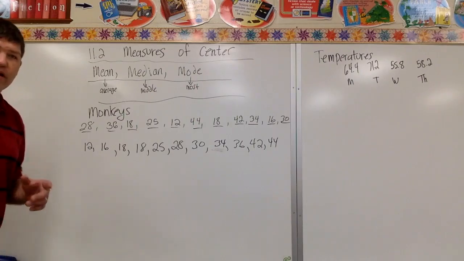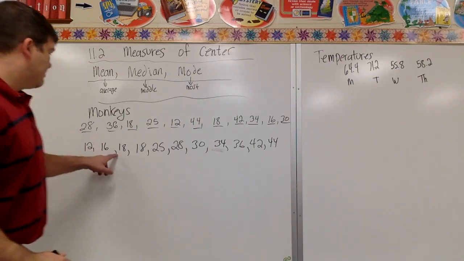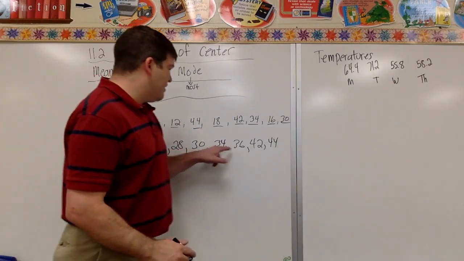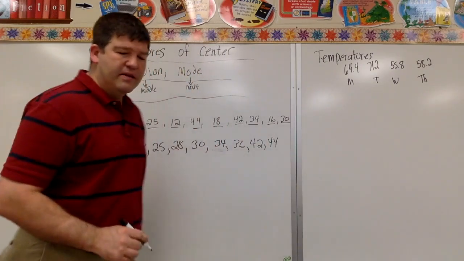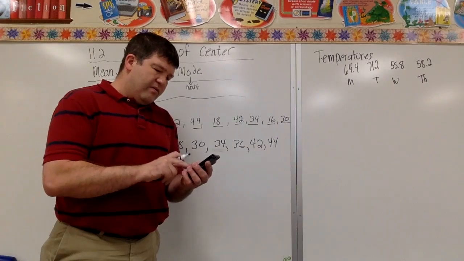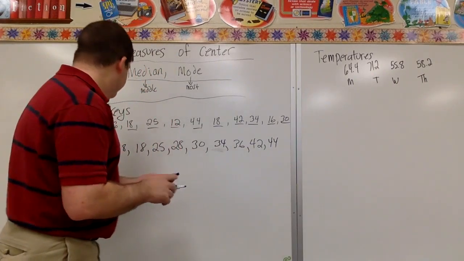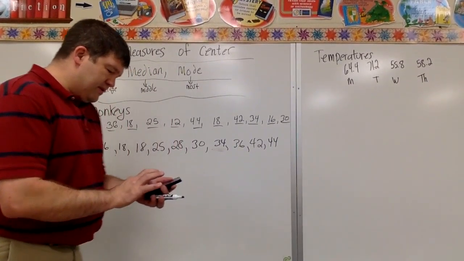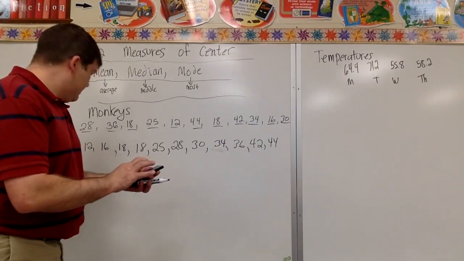Now make sure I have all 11 zoos represented. 1, 2, 3, 4, 5, 6, 7, 8, 9, 10, 11. Okay, I got all my numbers. Now, I want to find the mean. So what I have to do is I have to add all these up. So 12 plus 18.